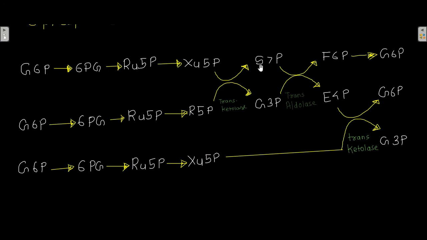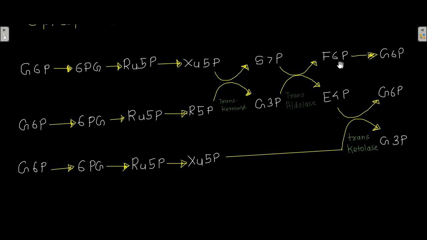Now, these two again combine in the presence of transaldolase to give fructose 6-phosphate and erythrose 4-phosphate. Okay, 7-carbon sugar combines with 3-carbon sugar to give a 6-carbon sugar and a 4-carbon sugar.